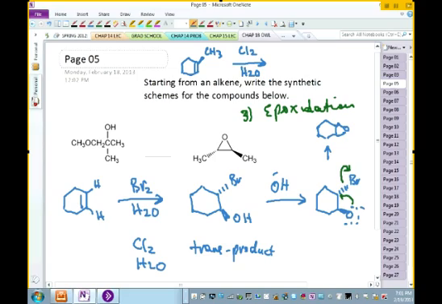Notice I told you that chlorine could do the same. I say that is all step 1. And then step 2, I have hydroxide and water. The question is, what will be the product? What do we get? Do we get epoxide? Yes. Very good.